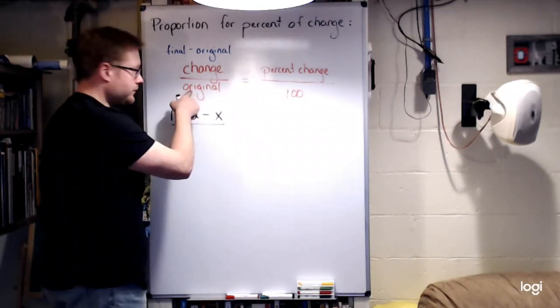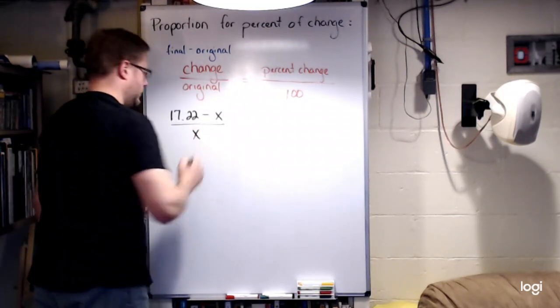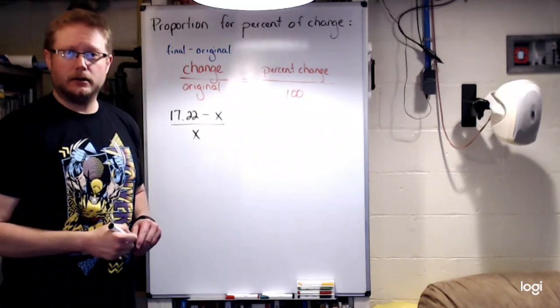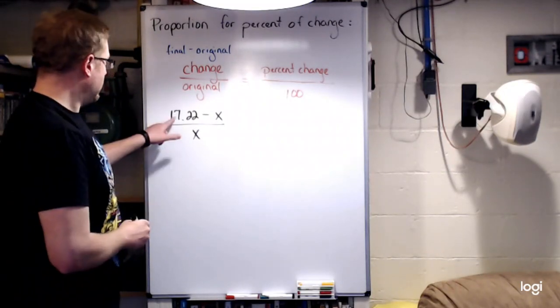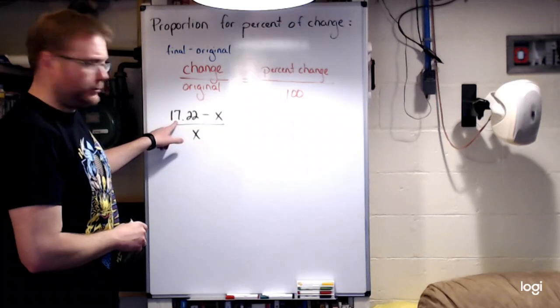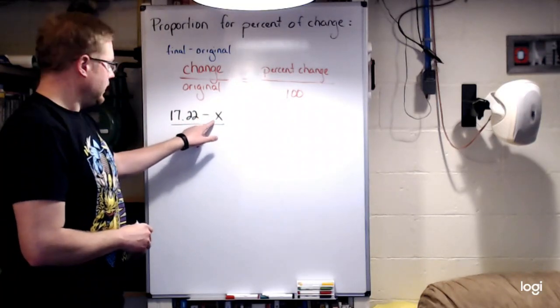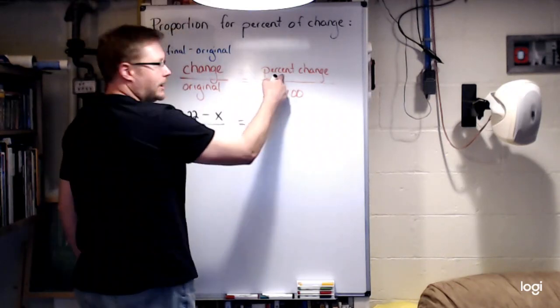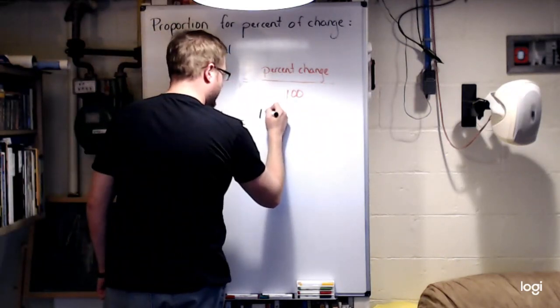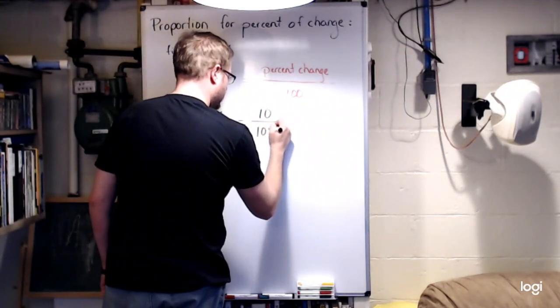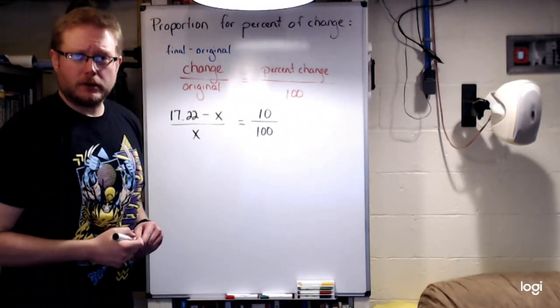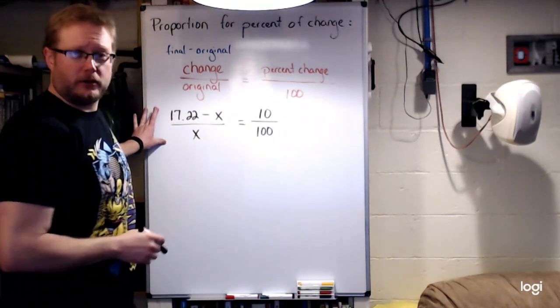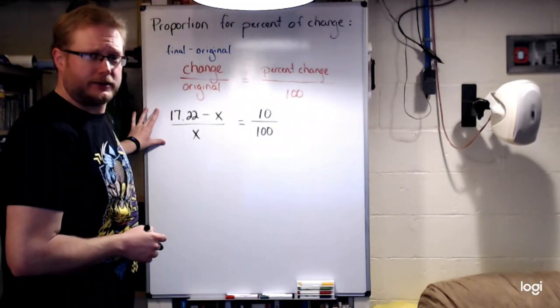Over my original amount, I'm going to toss another x in there. 17.22 million minus my original, divided by my original, equals my percent of change, which I know is 10 over 100.